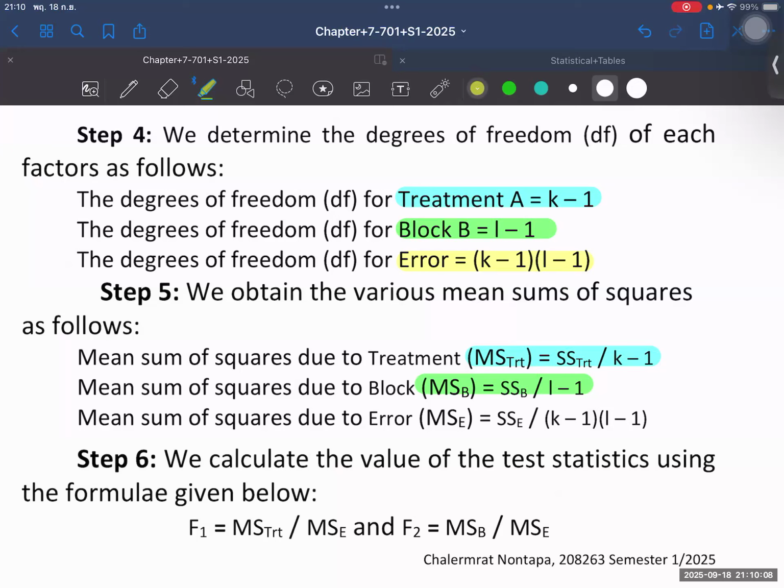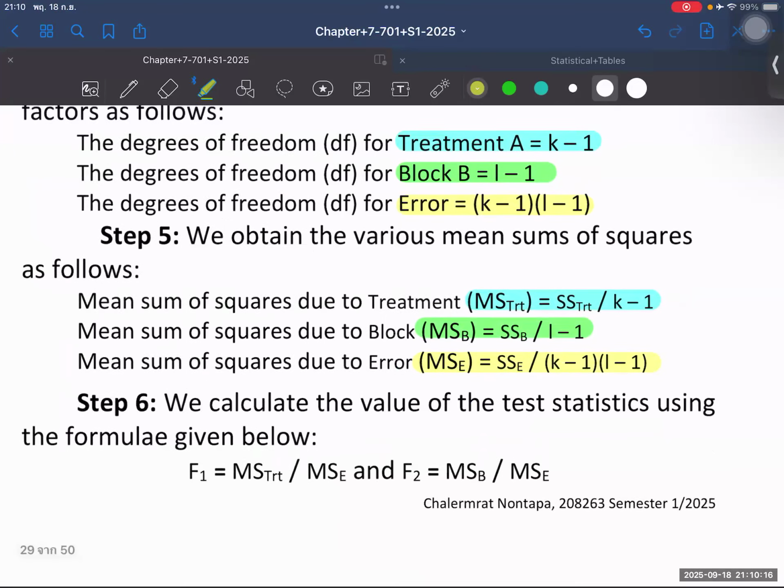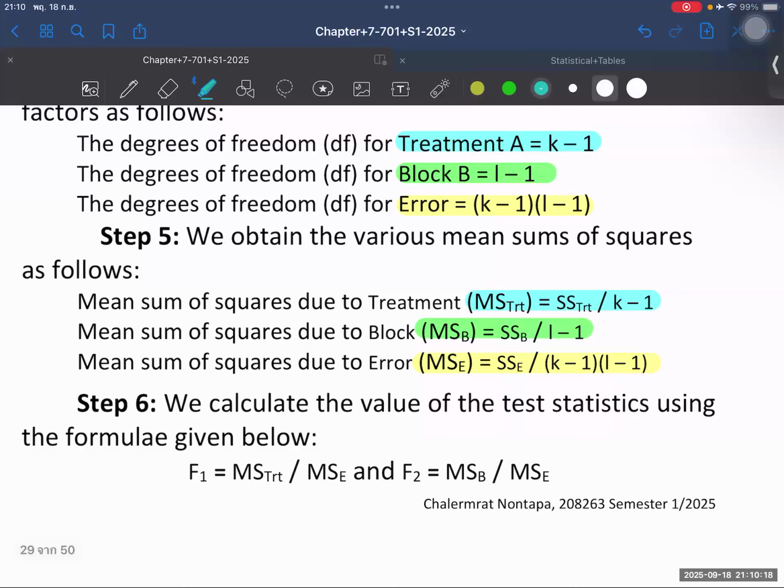And the last one is when you want to calculate F1 for the treatment, you can calculate it by this formula, and for F2, you can use the mean square block divided by the mean square error.